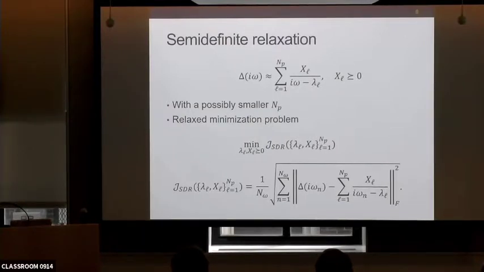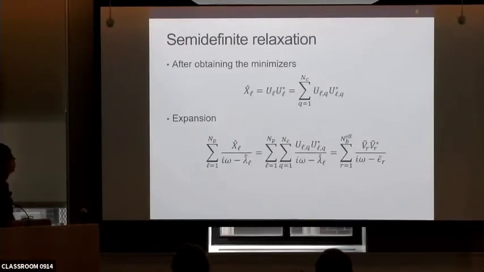So hopefully, with a relatively small number of N_p, which is the number of poles here, and for fixed lambda_l, this is the problem I want to solve, which is the discrepancy between Delta and the fitting, and I want to minimize with respect to the lambda_l's and the X_l's. If this problem can be solved, I can always expand this X_l using its low-rank factorization.